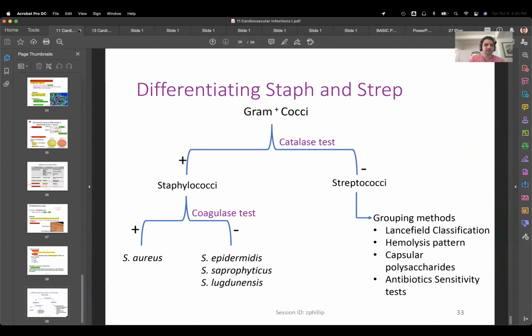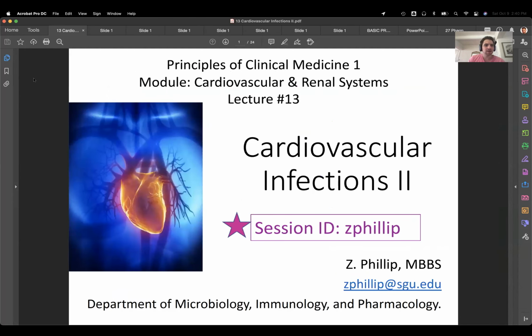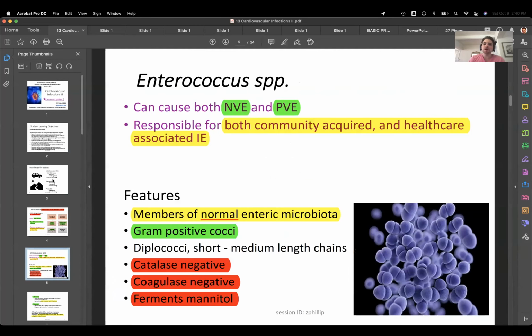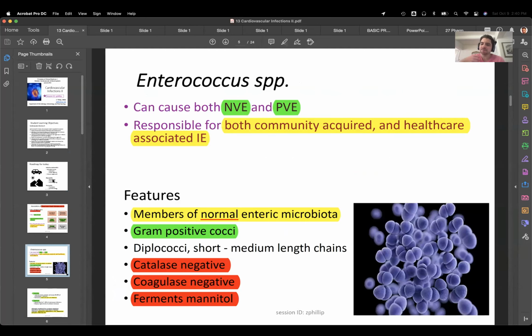All right. Let's see. Yeah, so rheumatic heart disease. Remember, you typically have a kid who had a recent sore throat, and a week or so later is getting heart problems. It's that molecular mimicry. When you test these kids to see if they have rheumatic heart disease, they will not have strep pyogenes in their blood, okay? The blood cultures will come back negative.